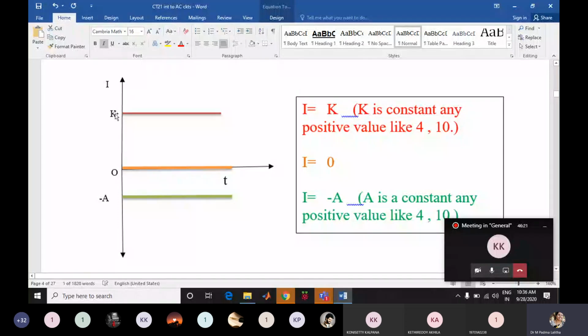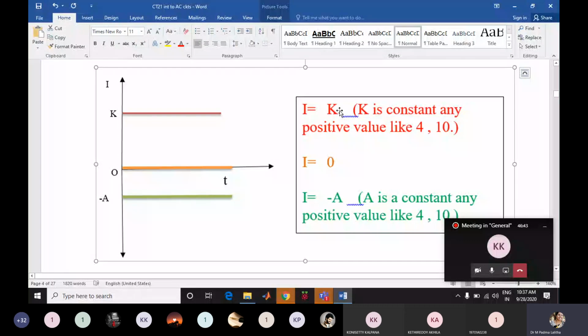K is the value at which this line is there, that is the value of that function, throughout from 0 to infinity or 0 to 1 hour. It is only a constant, there is no t in the right side. The k value may be 4, 1, 2, 2 amps, 4 amps like that.